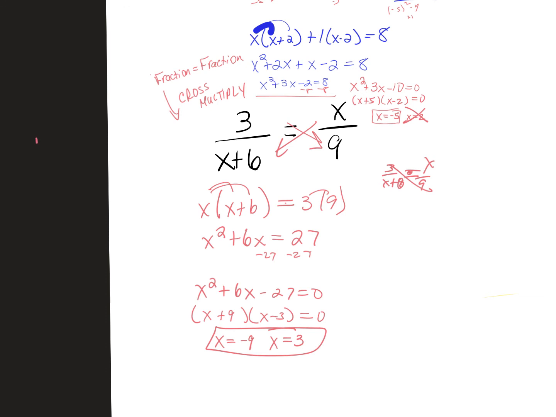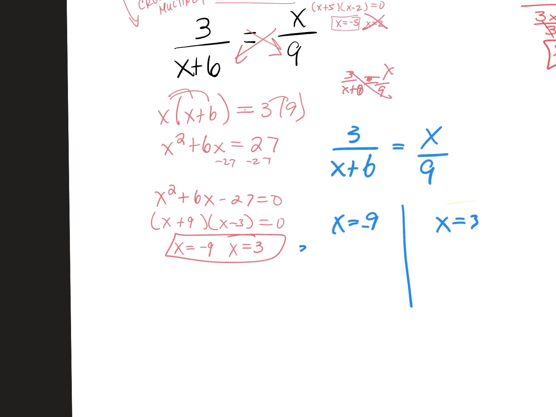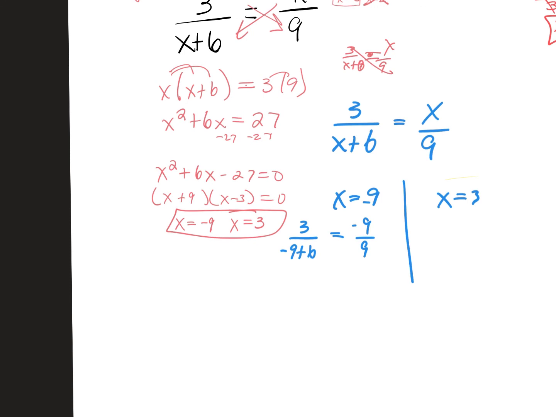So in our original, this is why I just checked the denominators, but you can check the whole thing. I got x equals negative 9, and I got x equals 3, correct? So if we plug in negative 9, we have 3 over negative 9 plus 6 equals negative 9 over 9, right? So I have 3 over negative 3 equals negative 9 over 9.